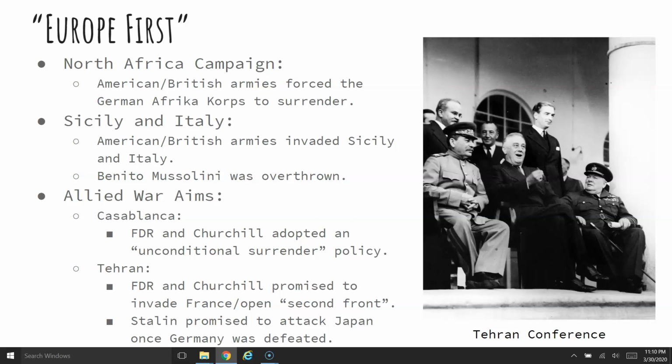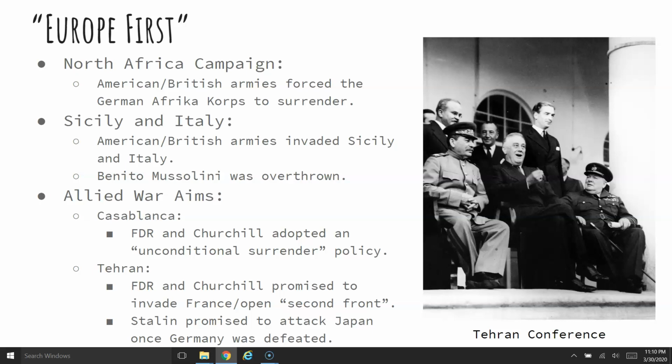They are not going to negotiate with Hitler. They're not going to negotiate with the Japanese. They will not accept any kind of terms except unconditional surrender. Their troops lay down their arms and surrender completely.